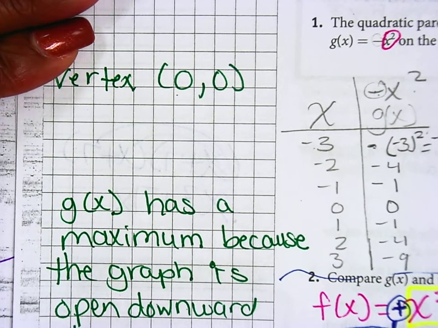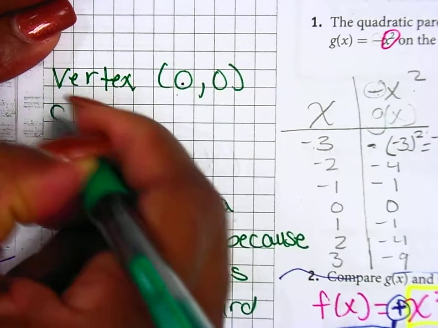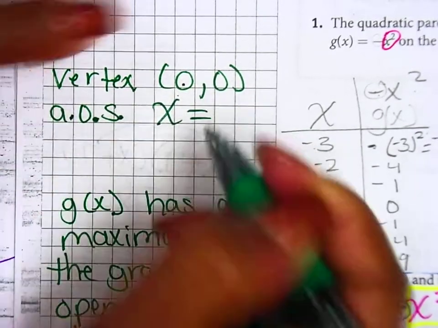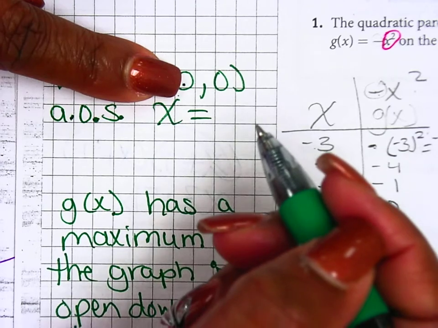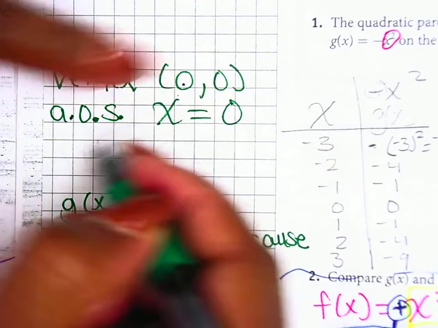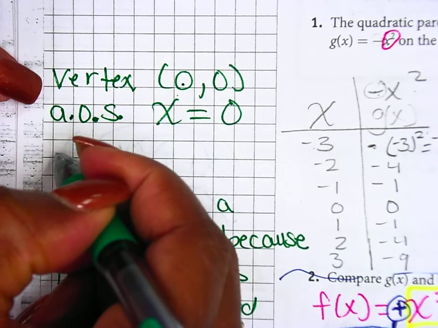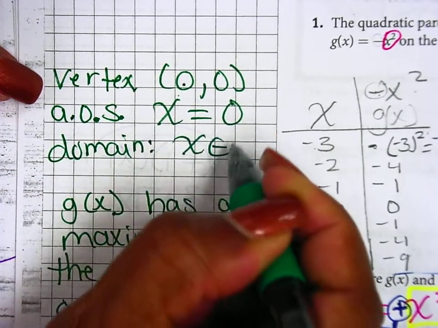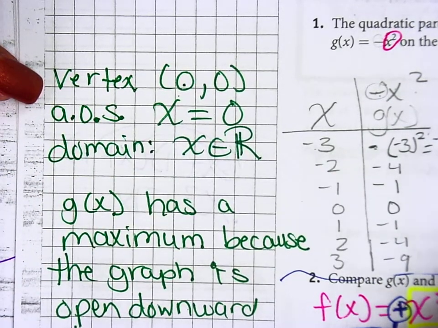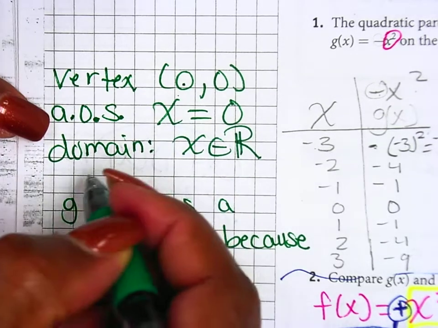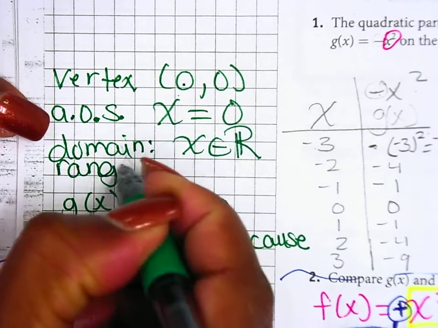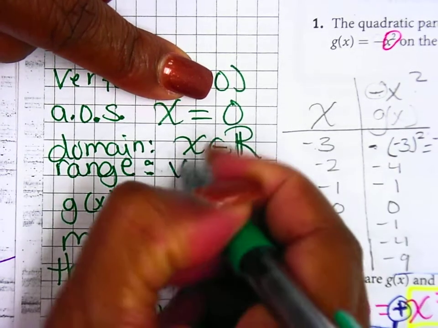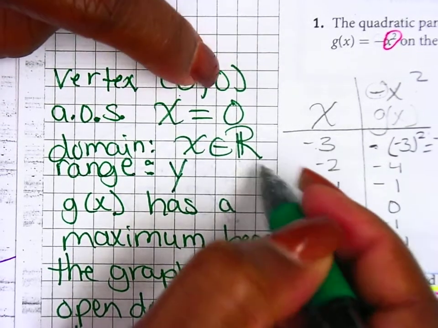However, remember the axis of symmetry. It's going to be x equals whatever the x value is for the vertex, which is 0. Now, the domain, of course, is all real numbers because it has arrows, regardless of it going upward or downward. However, for the range, we use the y value for the vertex, which is 0.